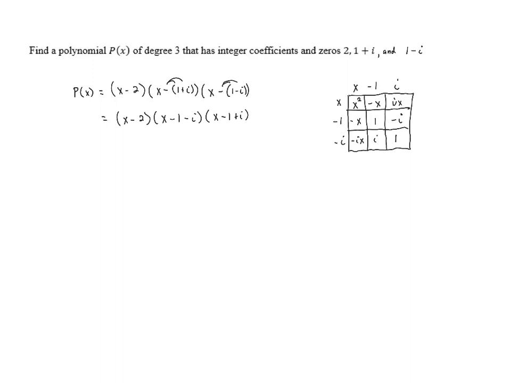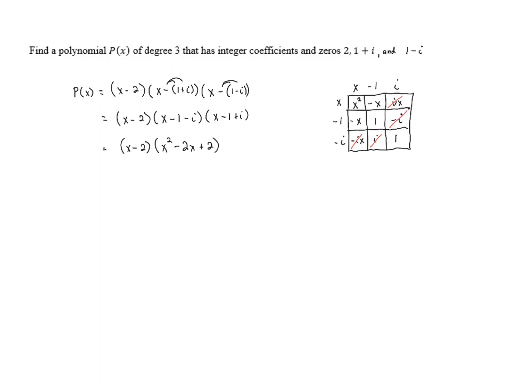So when we go through these, we can see that we have a bit of cancellation: i and negative i, also negative ix and positive ix. And when we combine the rest of those terms, I'm going to do it over here, we end up with x squared minus 2x plus 2.